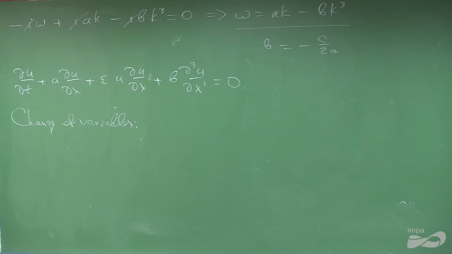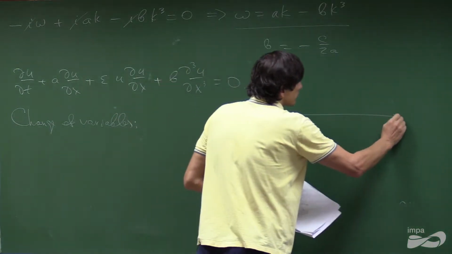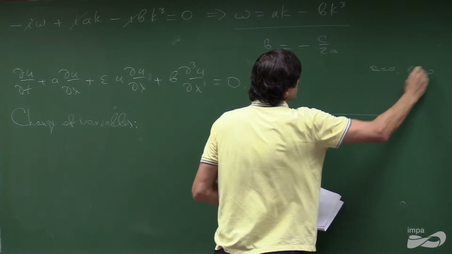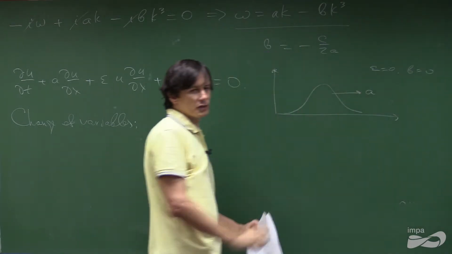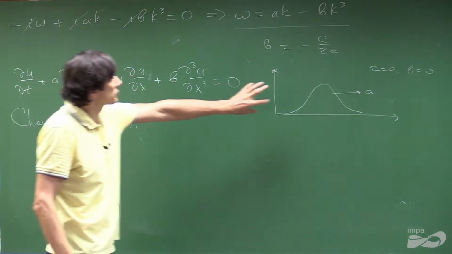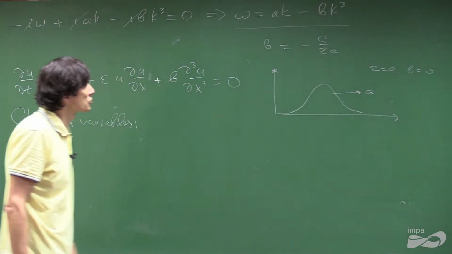The unperturbed equation, so the unperturbed solution: if you take both epsilon equals 0 and b equals 0, this will be just a wave moving with constant speed a. And the other terms just lead to weak and slow changes to the shape.